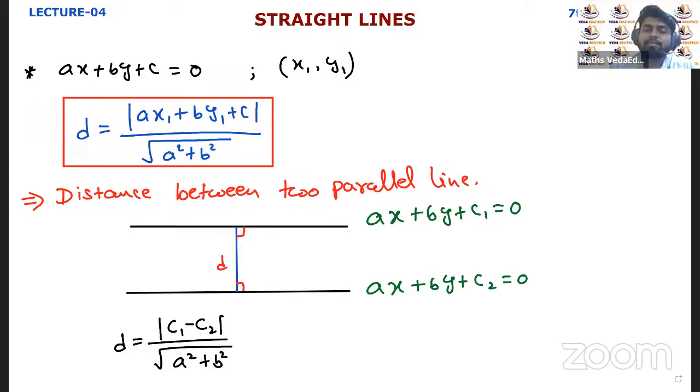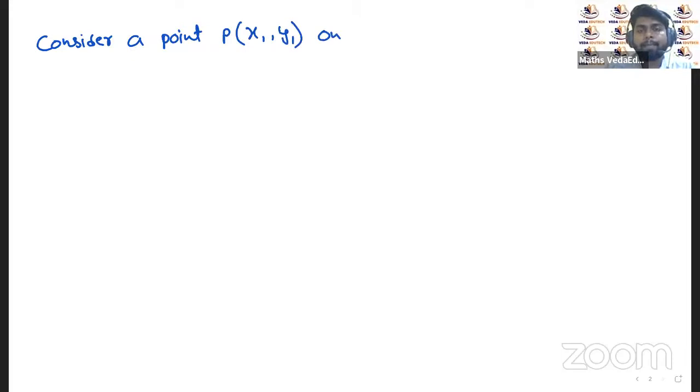So let us consider one point on the first line, like x1 comma y1 lying on the first line. Consider a point P, that is x1 comma y1, on line 1.